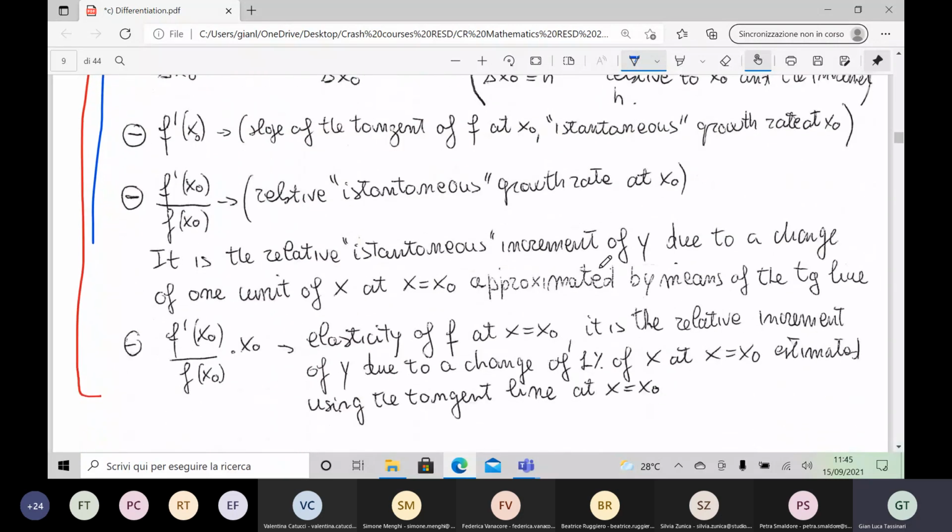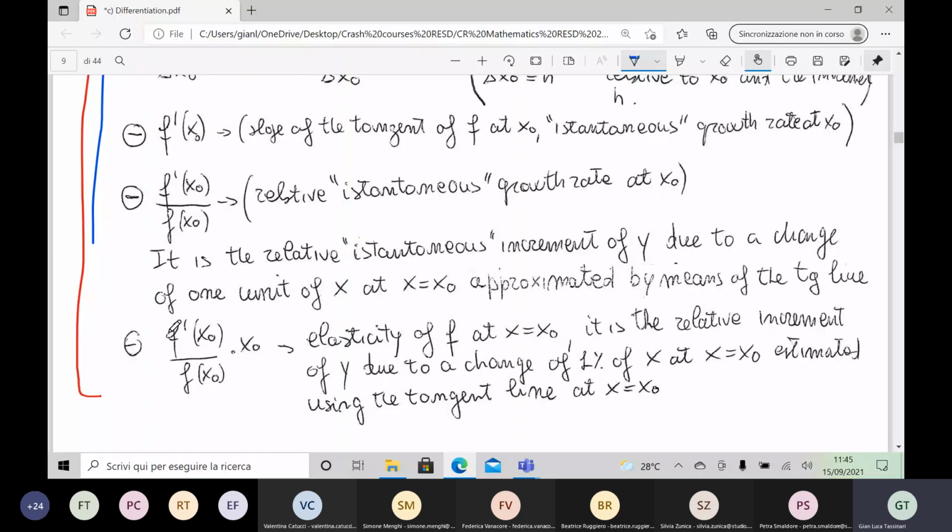It is the relative instantaneous increment of y due to a change of 1 unit of x at x0, approximated by means of the tangent line. Okay, because this is estimated through the tangent line. And furthermore, finally we have the elasticity of your function at the point x0. The elasticity, guys, is defined in this way: f prime of x0 divided by f of x0.